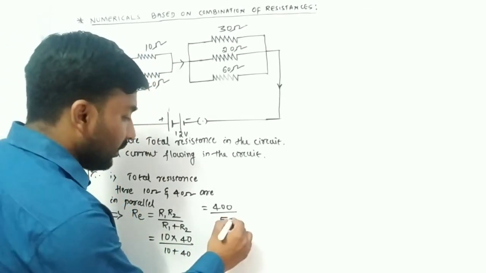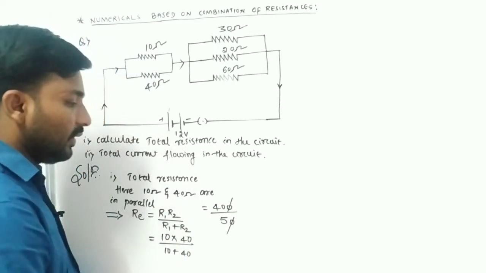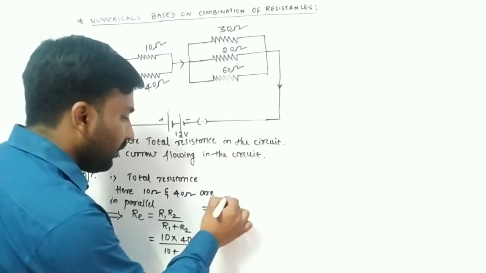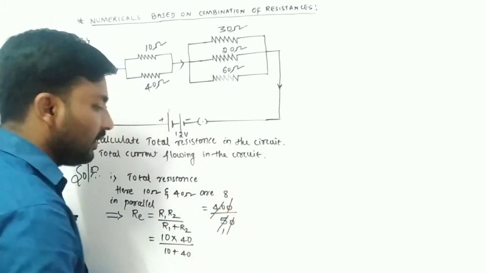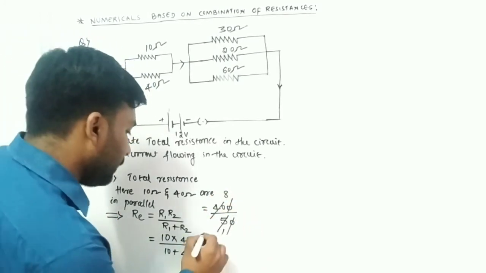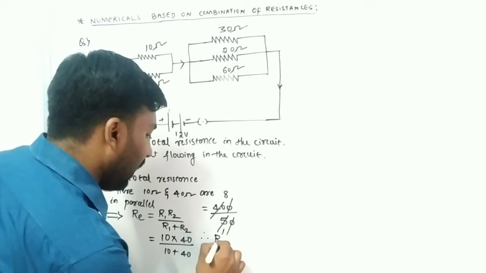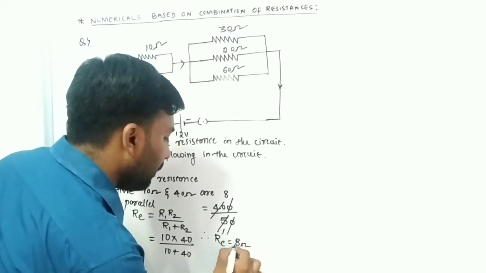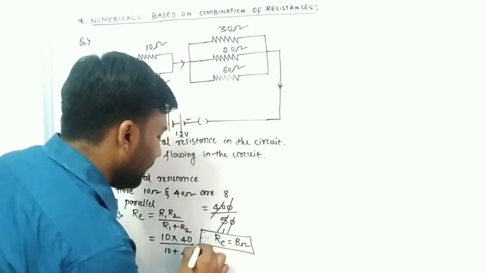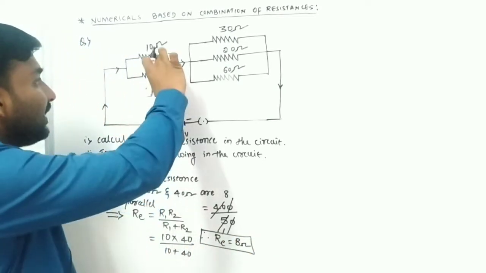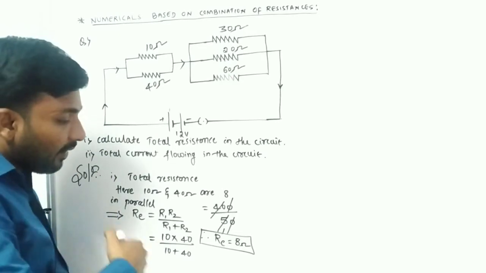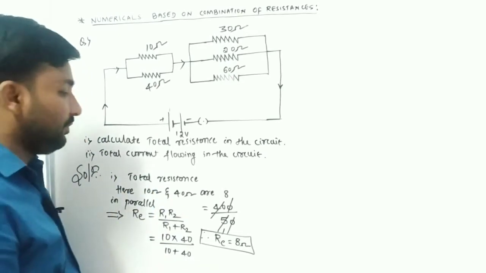Now the zeros get cancelled. 5 ones are 5, 8 fives are 40. So therefore R equivalent is equal to 8 ohm. R equivalent is equal to 8 ohm for these two resistors. Now redraw the circuit.